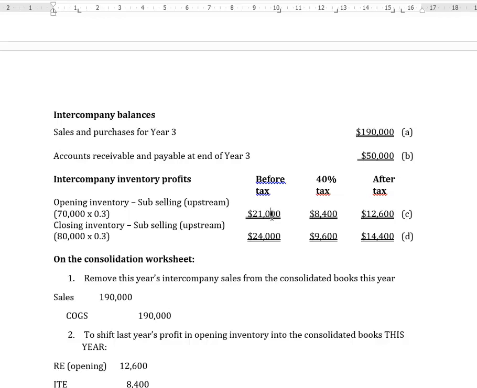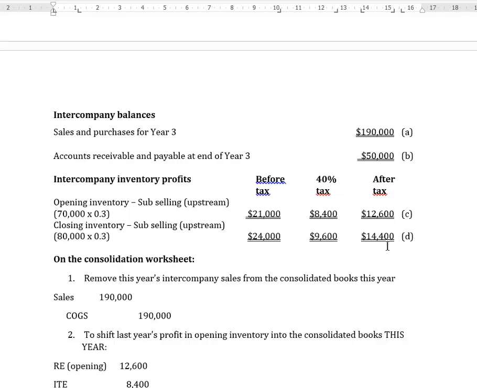We also know that by the time we get to the end of year 3, the closing inventory of the parent included $80,000 of the $190,000 that the sub sold to them this year, in the current year, year 3, that the parent has not yet unloaded. So that's packing 30% profit. So now we have pre-tax profit, tax expense, and after-tax profit that will need to be deferred from a consolidated perspective.